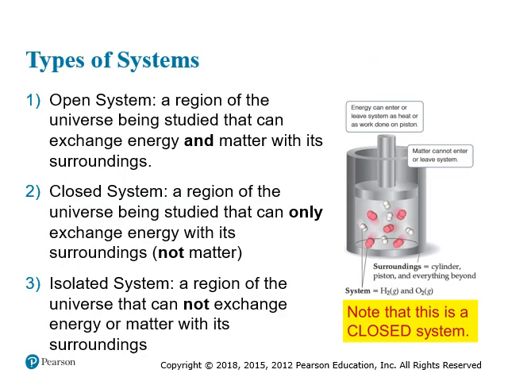Now, as we define the system as the area of the universe that we are studying, we need to understand that there are three different types of systems. There are open systems, there are closed systems, and there are isolated systems. The differences between the three lie in what can be exchanged back and forth between the system and the surroundings.